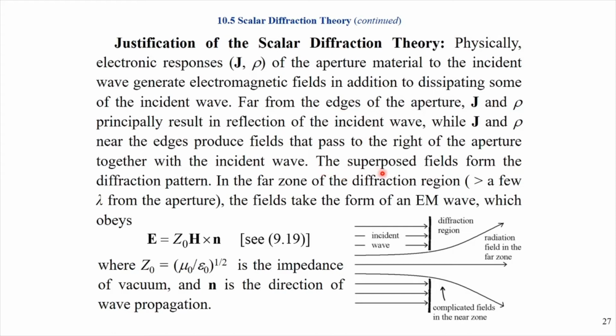The superposition only matters when J and rho near the edge produce fields that pass to the right of the aperture. That means the incident wave is blocked by the screen.